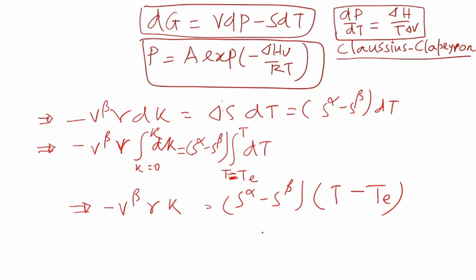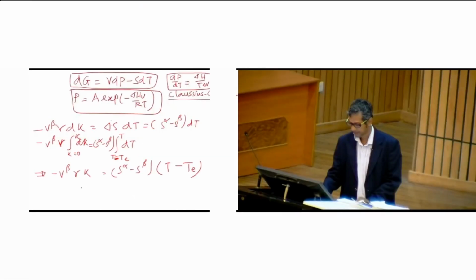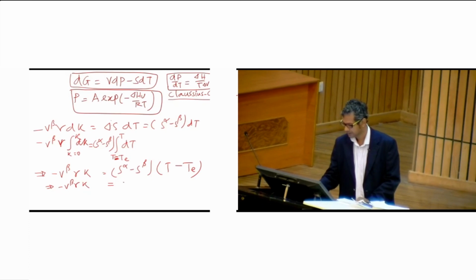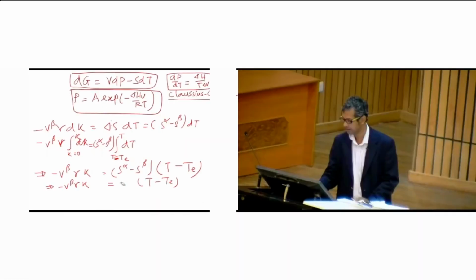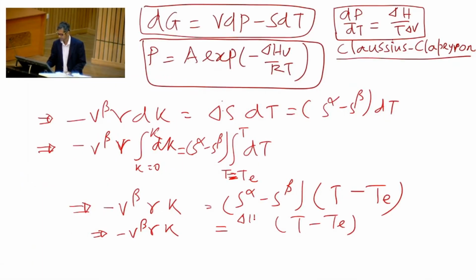So finally, if you do the math clearly, what do you get? That can be written even this way also, V beta gamma kappa is nothing but delta S, and delta S is what? Delta S I have already done, right, that is delta H by T. Yes, we are using T, the equilibrium temperature for the flat surface, that is what it is.